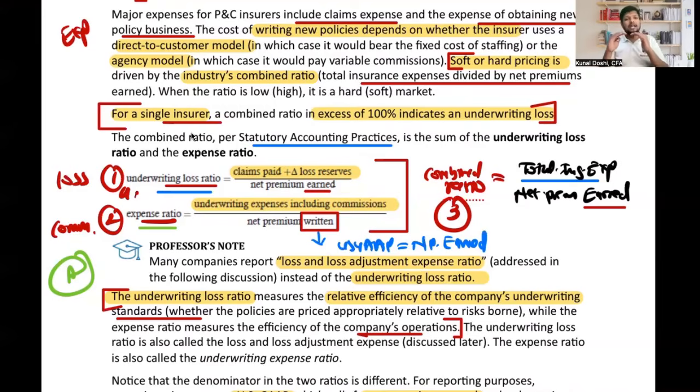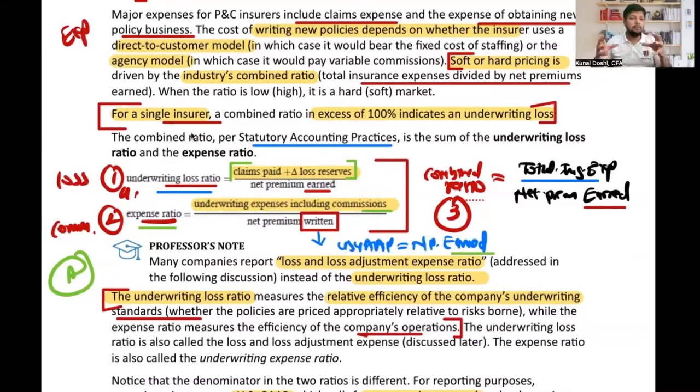So the underwriting loss ratio is the claims paid plus losses reserved. Do you want it to be higher or lower? Well, you want this to be relatively lower. Second, the expense ratio is expenses, including commission, to basically run the scheme, to float the scheme. These are also expected to be lower. Now, generally, these are also based on the net premium earned. For US GAAP; IFRS slightly uses a differential, the policy's net premium written.